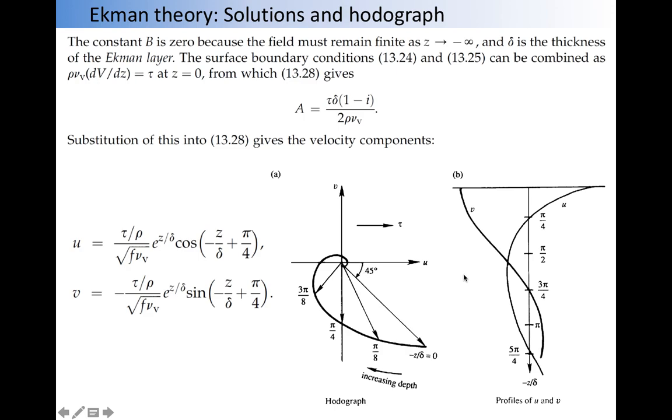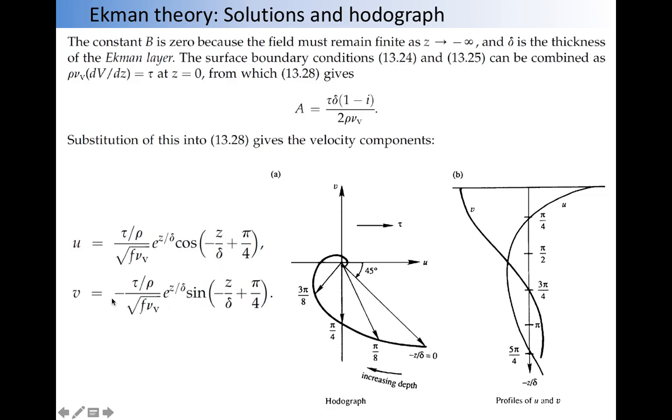So u and v are the axes that we are looking at in the center. And when z equals 0, which means z over delta is 0, that means the surface, right? That means this one will be 1 and 1, cosine pi over 4 and sine pi over 4.